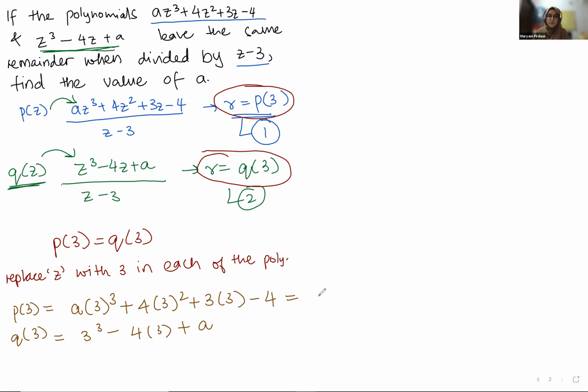Ma'am, let's solve it further. 3 cube is 27, 27A plus 36 plus 9 minus 4. Okay, and then what is this equal to?